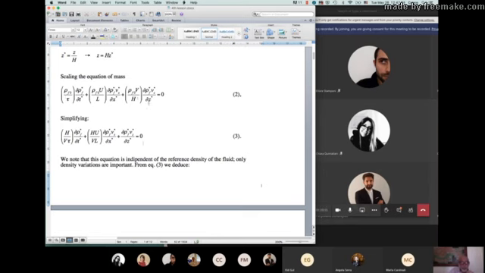So in order, the third term is the most important one. The second most important one is the velocity in the x direction, because it allows the recharge to exist. And the third most important is the density variation in time, because it takes a very long time to vary that density.